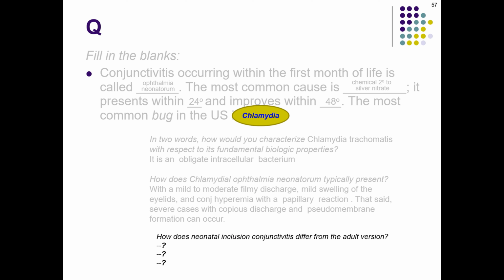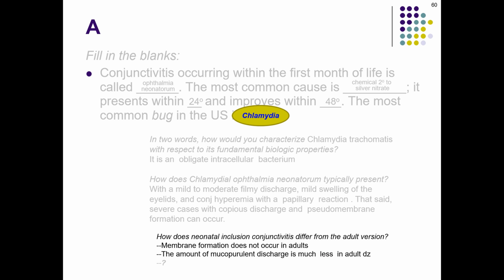And how does the neonatal inclusion conjunctivitis differ from the adult version? Three main differentiating points. The first one, that the membrane formation doesn't occur in adults. So pseudomembranes mainly in the neonatal form, but not in the adult form. And the amount of mucopurulent discharge is much less in the adult.